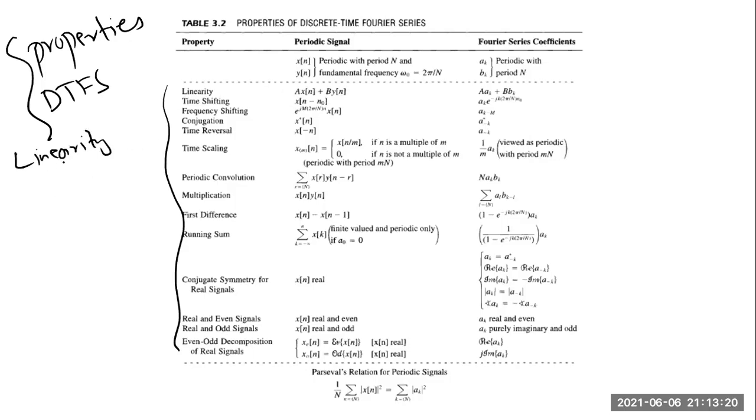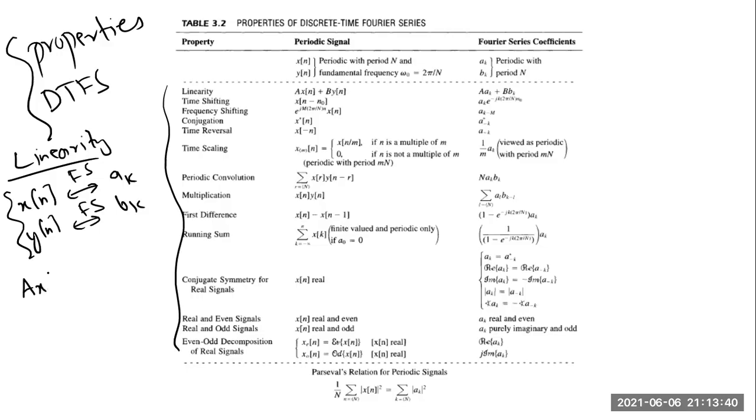As an example, if I talk about one property, linearity. What is the meaning of linearity? It means that if you have two signals, let's assume x of n, and its Fourier pair is ak, and another signal y of n, with Fourier series pair bk. Now, if you take a linear combination of these two signals, a times x of n plus b times y of n, what is going to be the Fourier coefficients of this new signal?